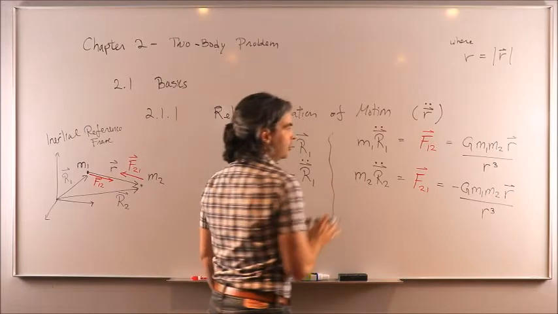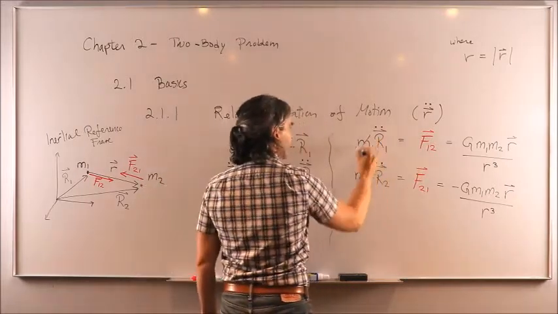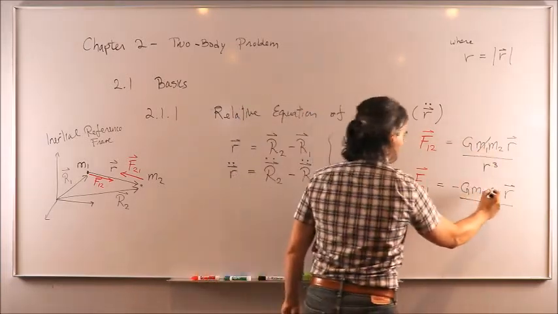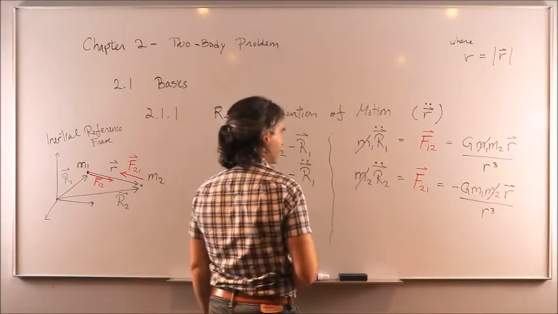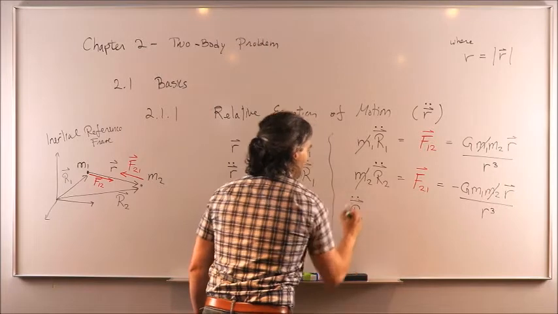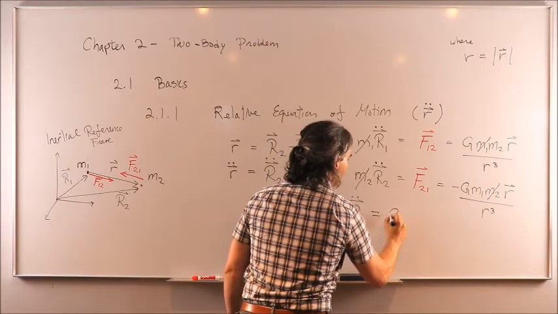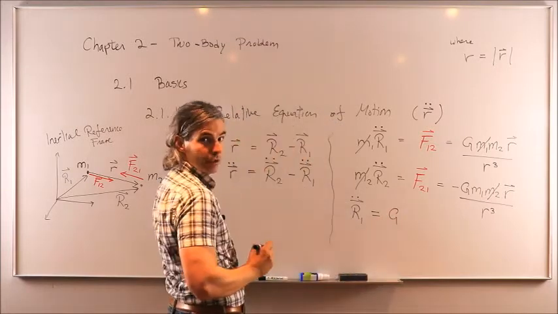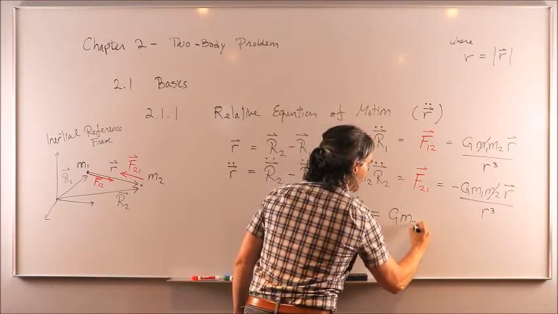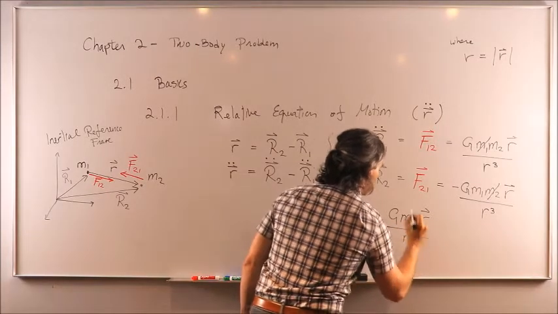Now, going back to those two equations we just derived, we can simplify those by dividing both sides by m1 and m2 respectively. So we end up with the inertial acceleration of m1 with respect to the origin of my inertial reference frame equal to the universal gravitational constant, the 6.6 and so on that I told you last time, times m2 times position vector over distance cubed.